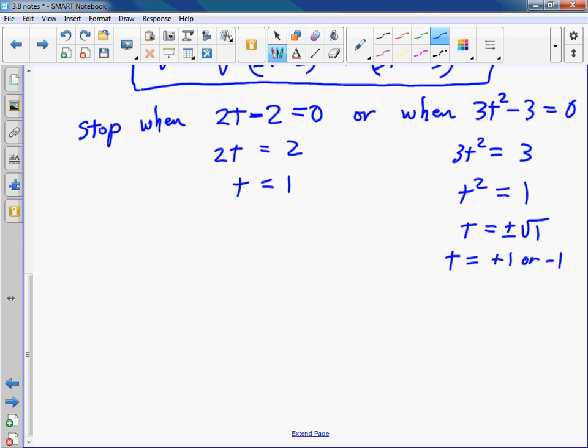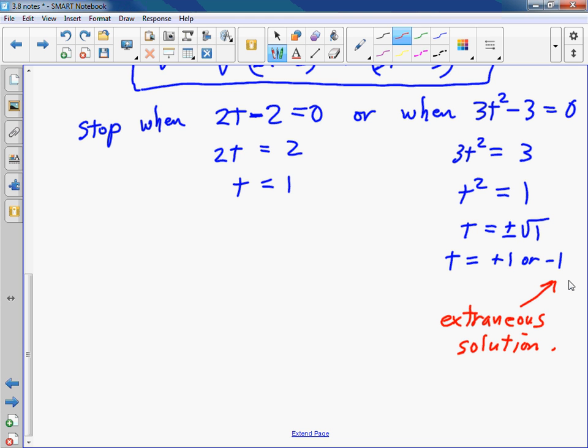Now, this is important because we're saying at time t, and we don't have time of -1. So this -1 is an extraneous solution. Mathematically, it's correct, but in reality, it's not.